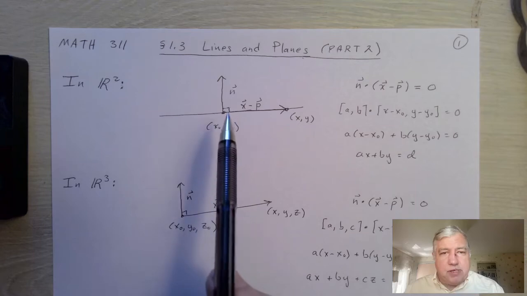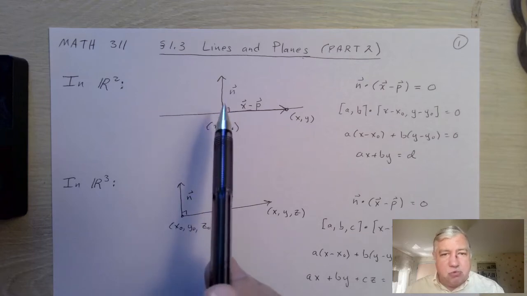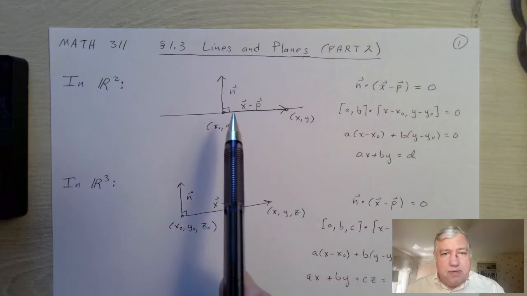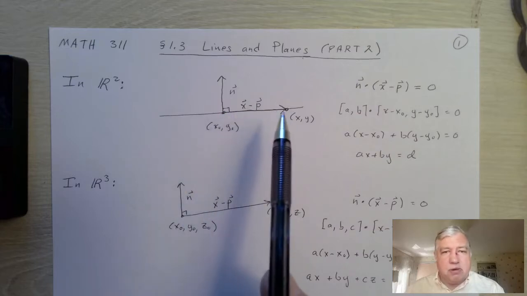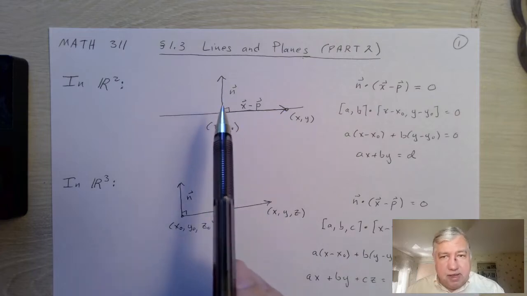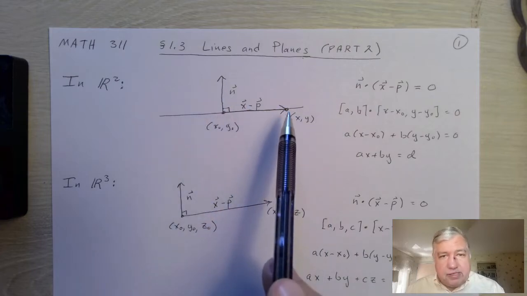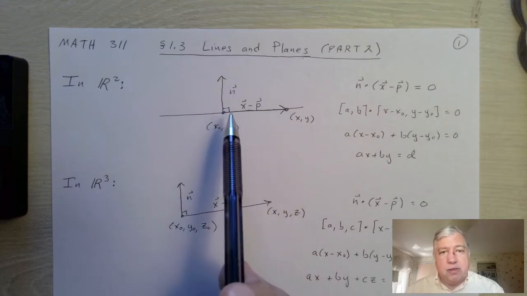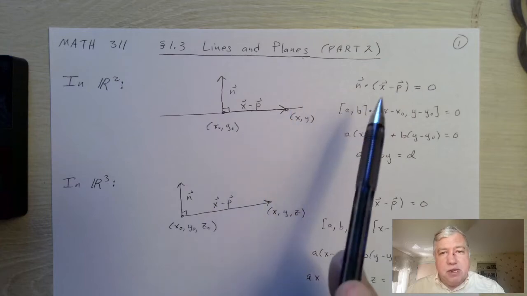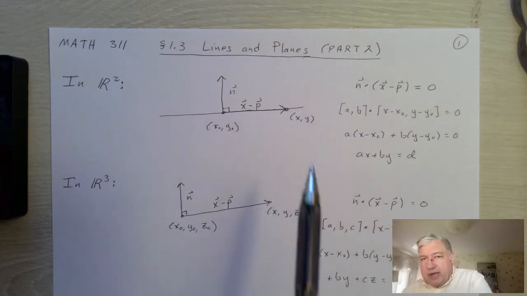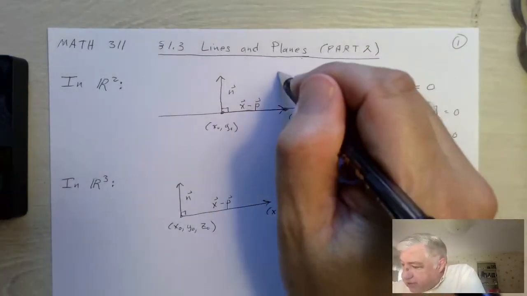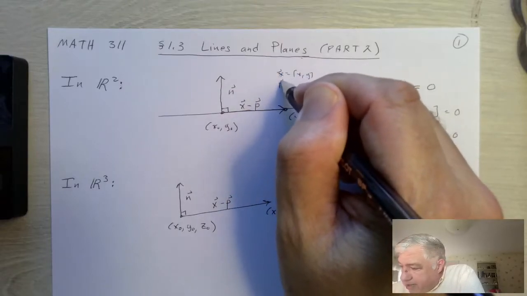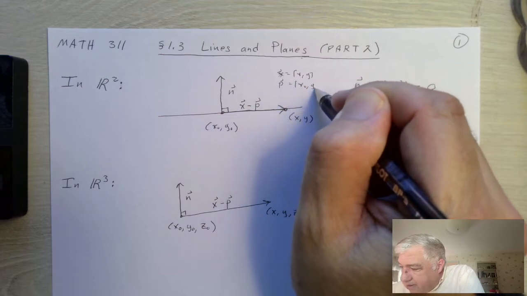That is, if we specified not necessarily a direction vector, but a normal vector n perpendicular to our line, such that the vector connecting any 2 points on our line was orthogonal to n. That is, if we have an arbitrary point x, y, and a fixed point x0, y0 on the line, we've got this vector x minus p, where x is x, y and p was the point x0, y0.